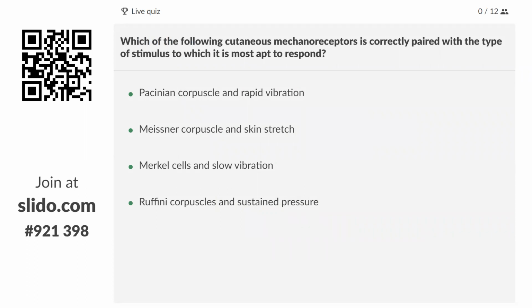Pacinian corpuscle and rapid vibration, Meissner corpuscle and skin stretch, Merkel and slow vibration, Ruffini corpuscle and sustained pressure. What's your answer?